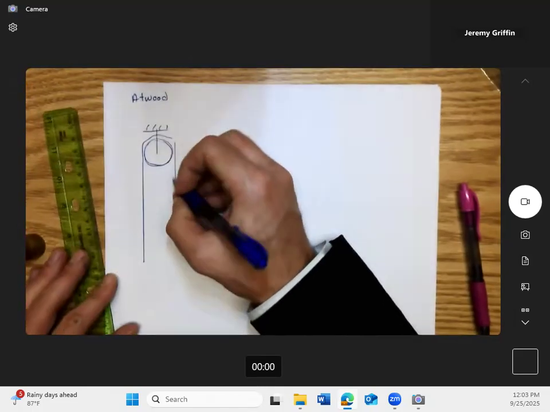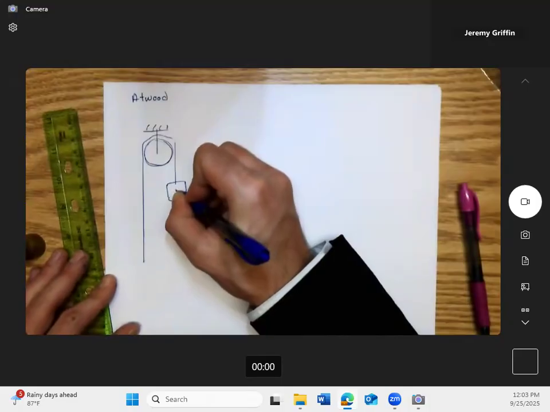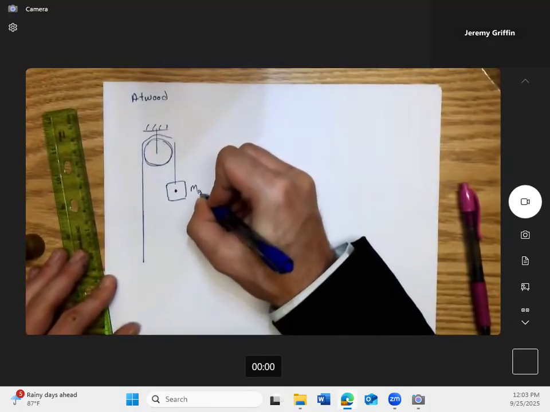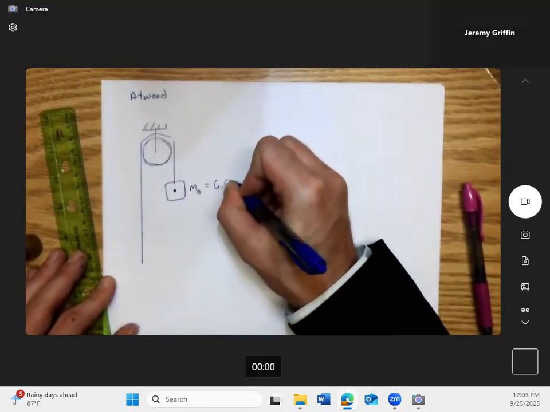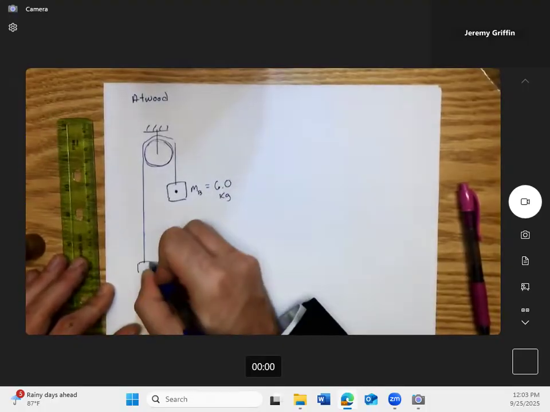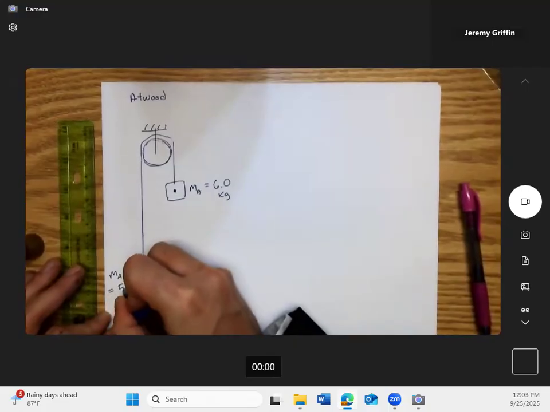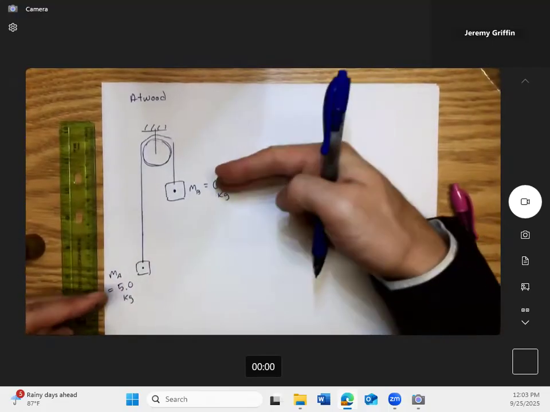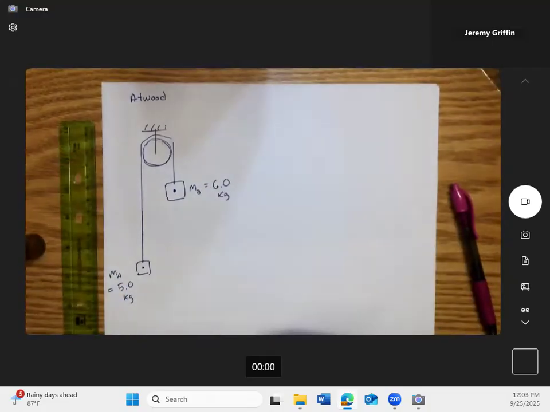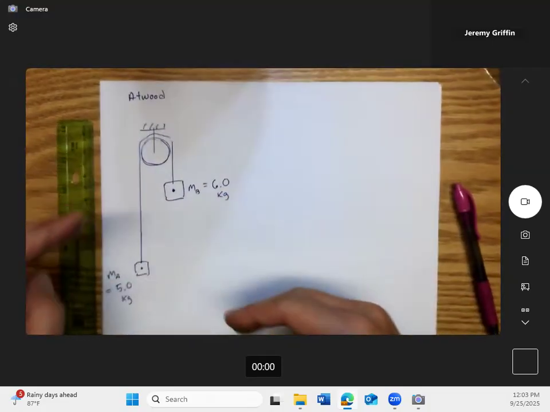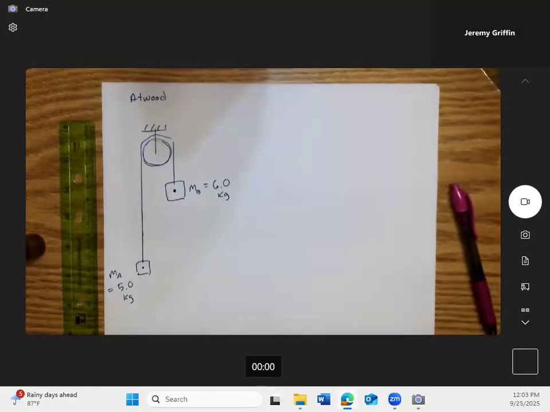Okay. Right, so how about this mass here? I'll call this mass B. Could be 6.0 kilograms. And I'll have a smaller mass, call this mass A, is 5.0 kilograms. Okay. I guess I put the heavy one on top, so it's gonna accelerate that way. It's gonna accelerate clockwise. Ooh, clockwise this time. Okay, I see clockwise. Okay.